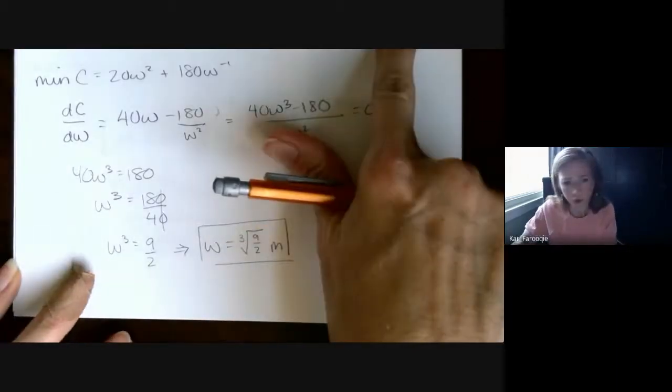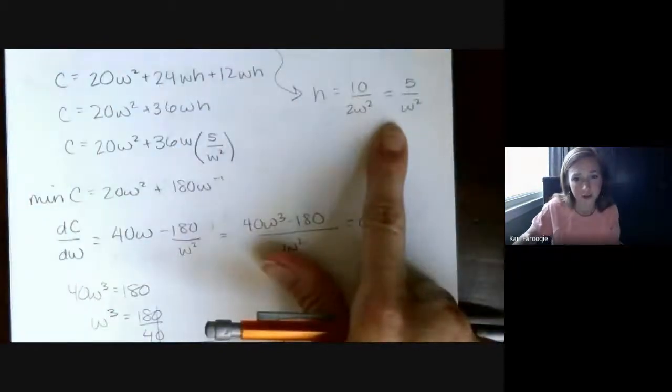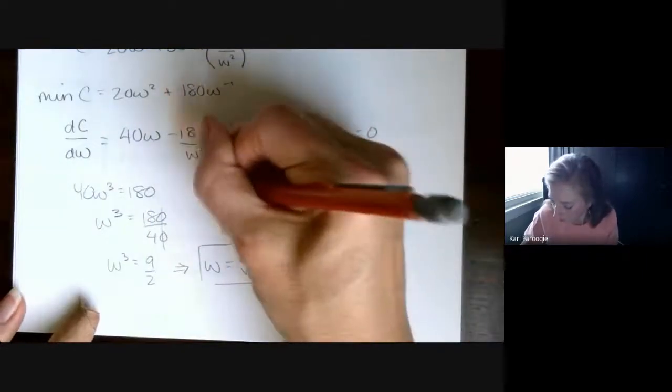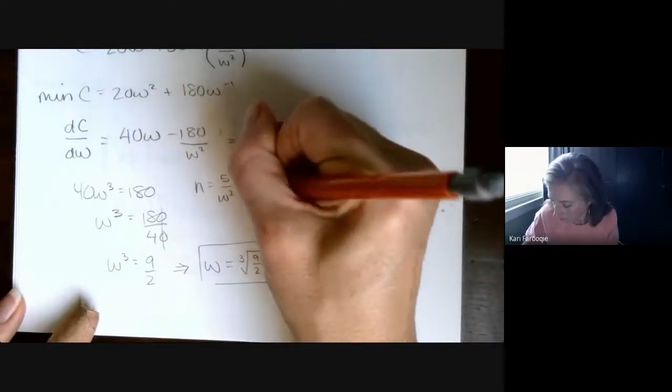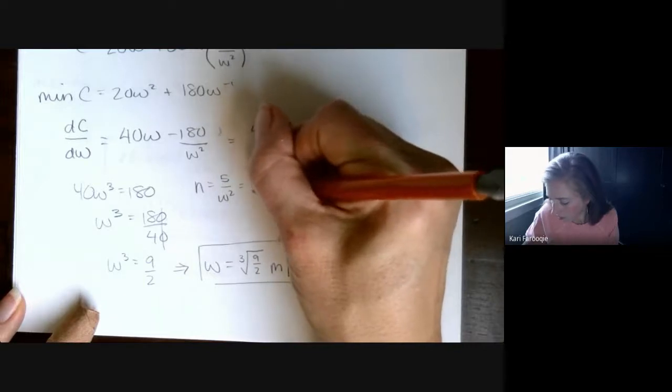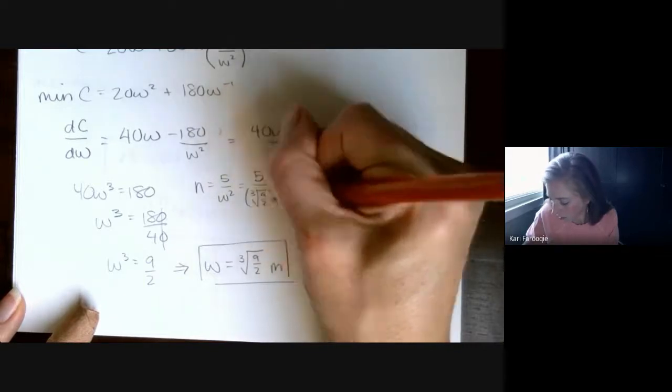So we said that h was 5, there it is, 5 over w squared. So that's 5 divided by the cube root of 9/2 squared.